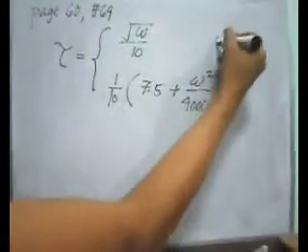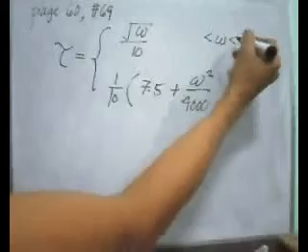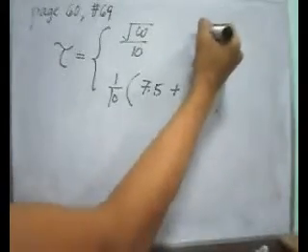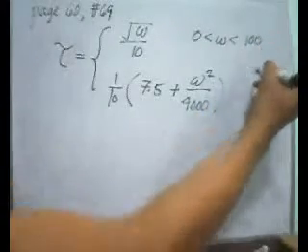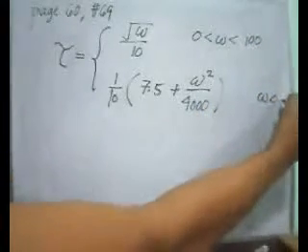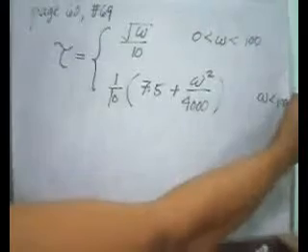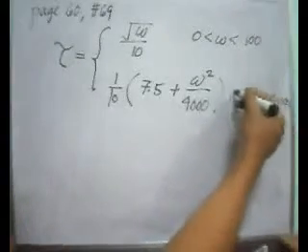Given the following conditions, this torque is measured when omega, the angular velocity, is greater than 0 and less than 100 rad per minute, and then this one here is less than 1000 but greater than 100 rad per minute.